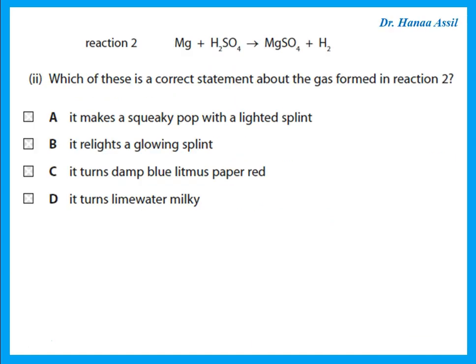Which of these is a correct statement about the gas formed in reaction 2? Of course, when you look at reaction 2, which gas is formed? Hydrogen. What can we say about hydrogen? If you remember the test for hydrogen, it makes a squeaky pop with a lighted splint. Which gas relights a glowing splint?